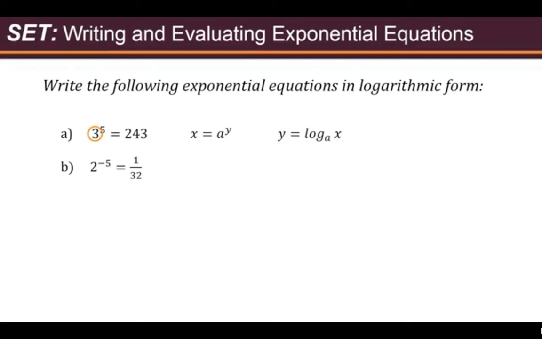Using this information, we can rewrite the exponential equations as follows. 3 to the power of 5 equals 243 becomes log base 3 of 243 equals 5. 2 to the -5 equals 1 over 32 becomes log base 2 of 1 over 32 equals -5.